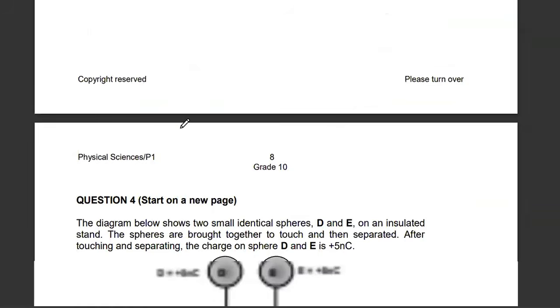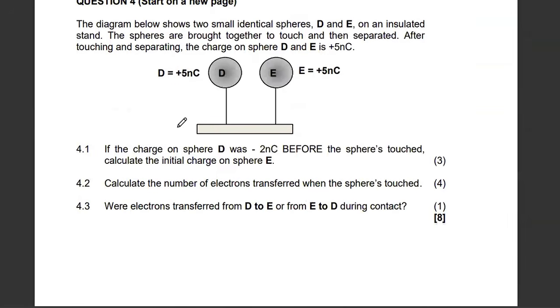All right, then question number 4. The diagram below shows two small identical spheres D and E on an insulated stand. The spheres are brought together to touch and then they are separated after touching. And then the charge on spheres D and E is basically a positive 5 nanocoulomb.